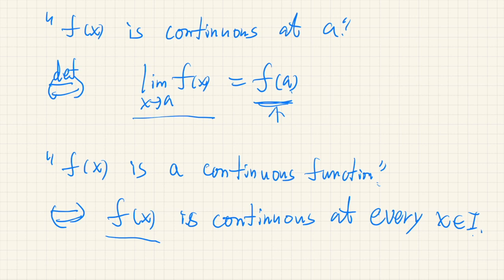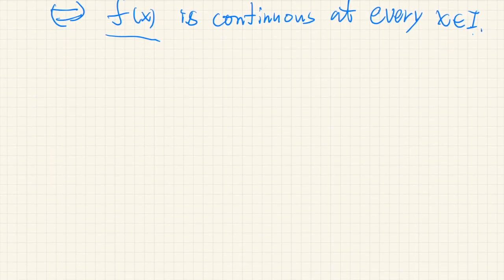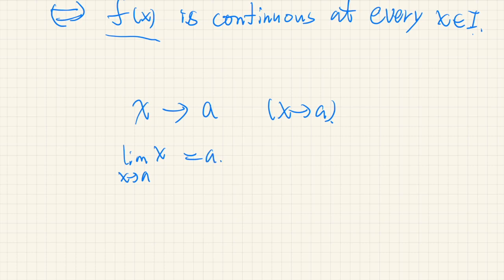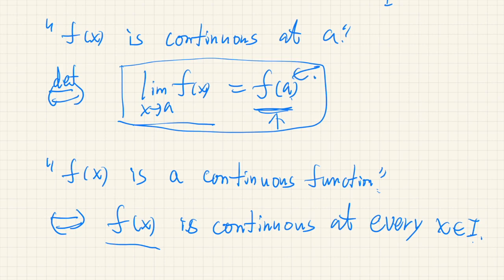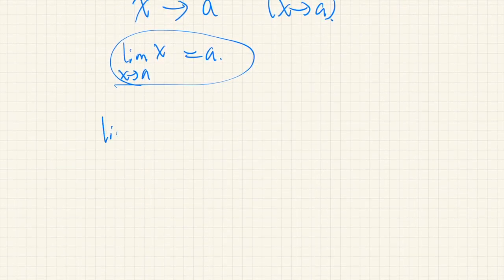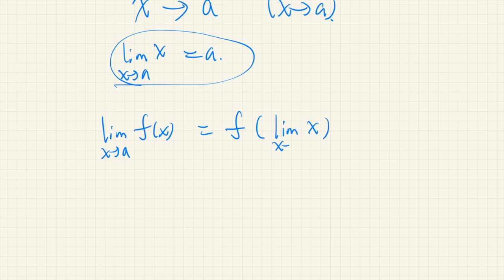Now, let's think about the meaning of this continuity. First of all, the limit of x as x approaches a is just a, right? And if you substitute this in, we get the limit of f(x) as x goes to a is equal to f of the limit of x as x goes to a.